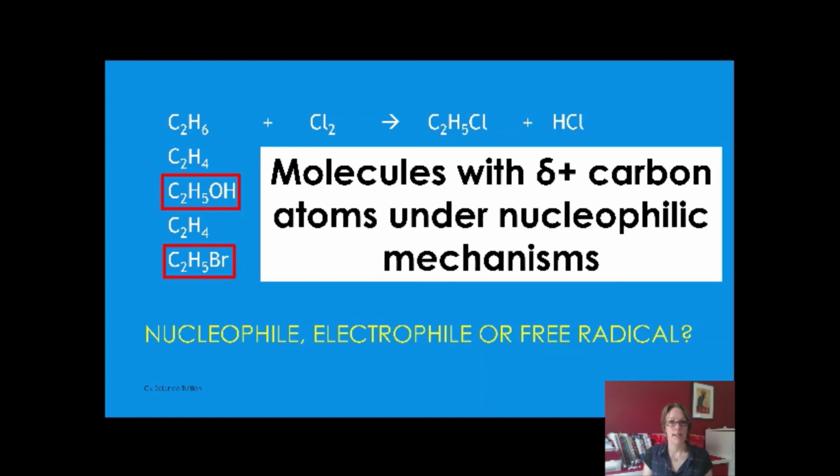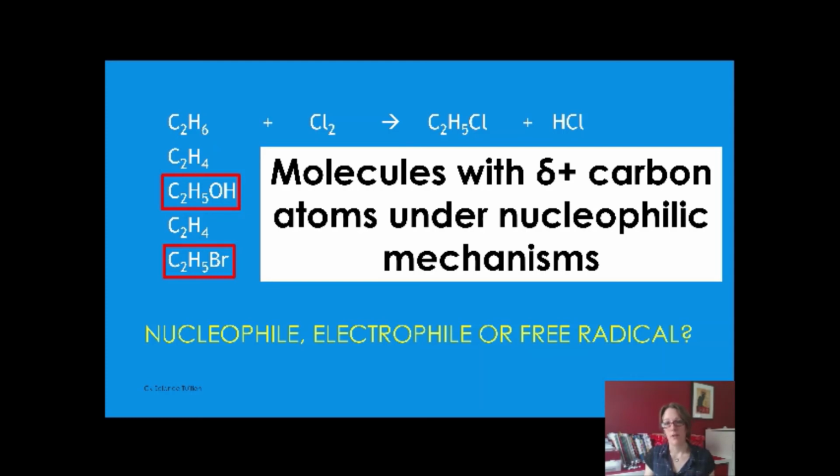Notice I've not actually said nucleophilic substitution. These molecules will undergo nucleophilic substitution, and these are molecules that you've already come across. The reason they'll undergo substitution is because they are saturated and only contain single bonds. So in order for anything to attack the delta positive carbon, something needs to come off that carbon.